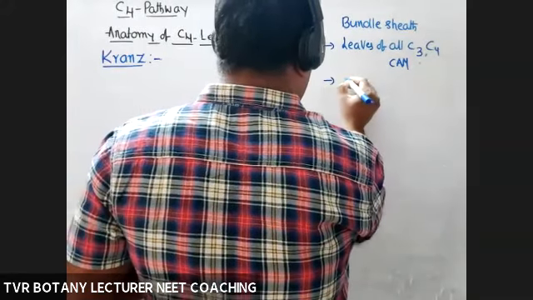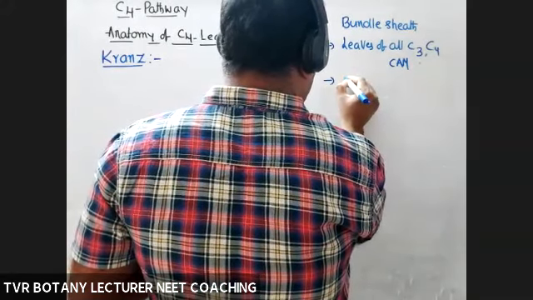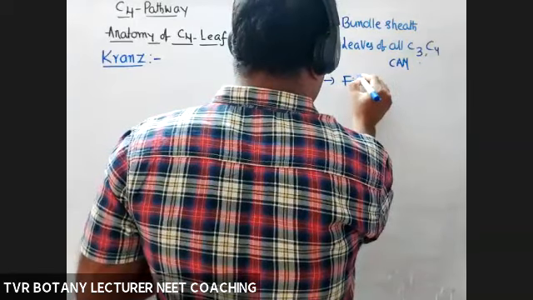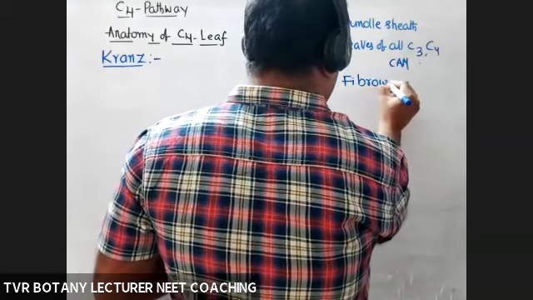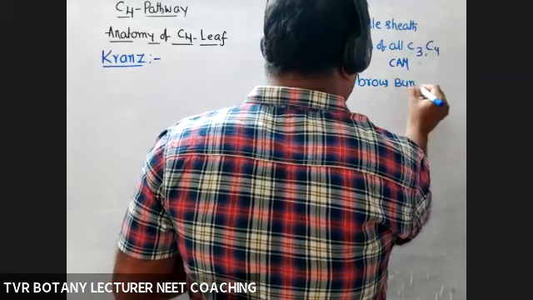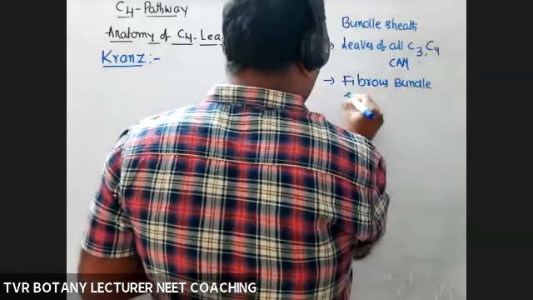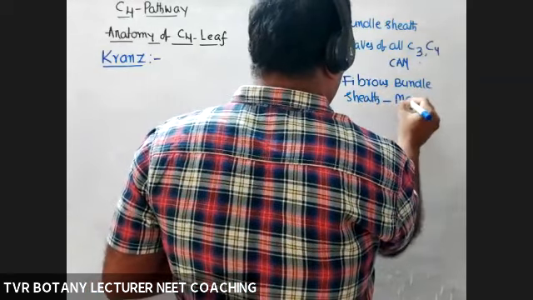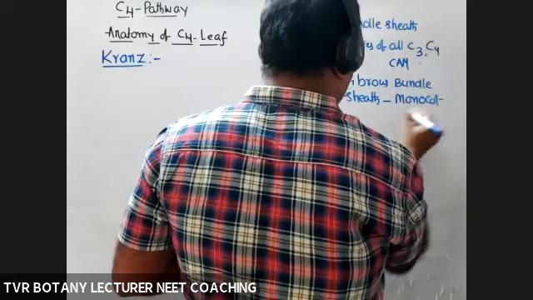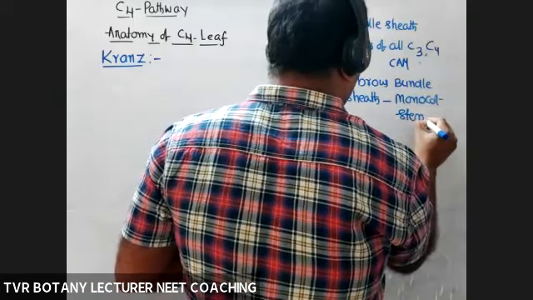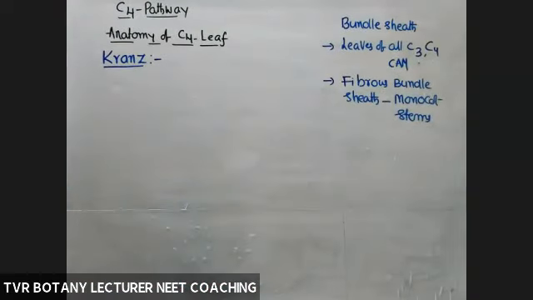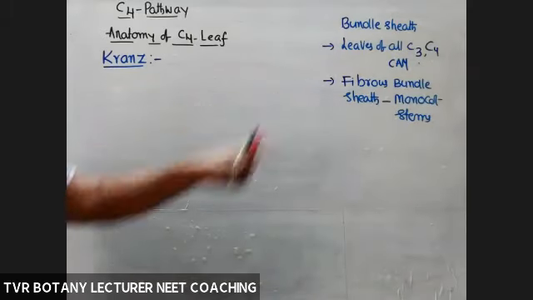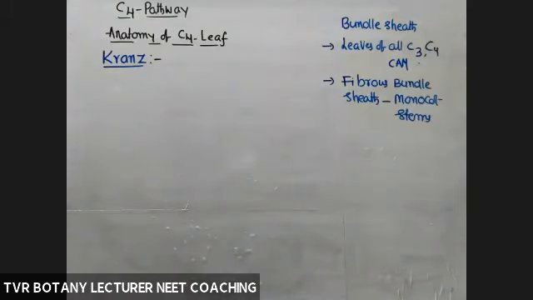Next, fibrovascular bundle means fibrous bundle sheath. Sclerenchymatous bundle sheath is present in monocot stems. That information is mandatory. In the first NEET examination, they asked about the fibrovascular bundle in the case of a monocot stem.